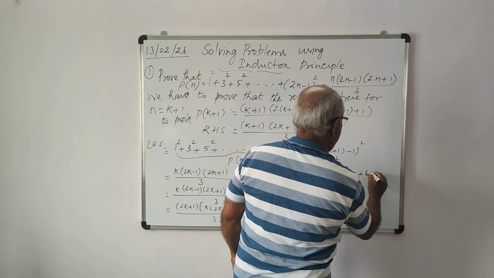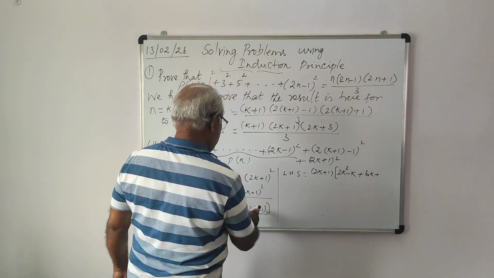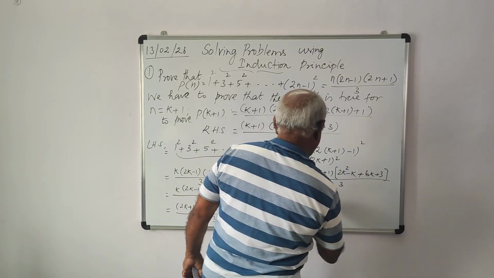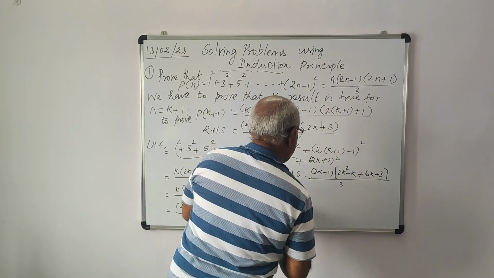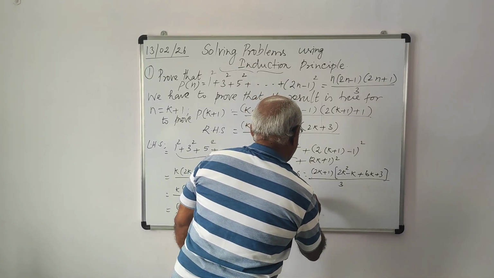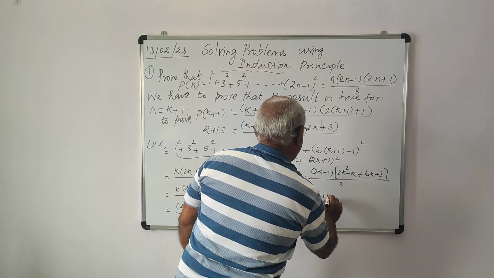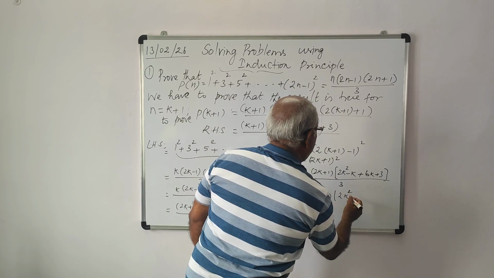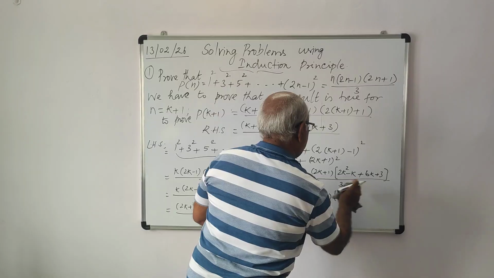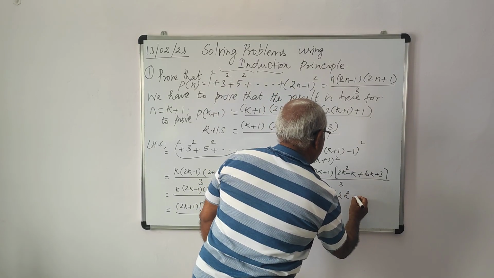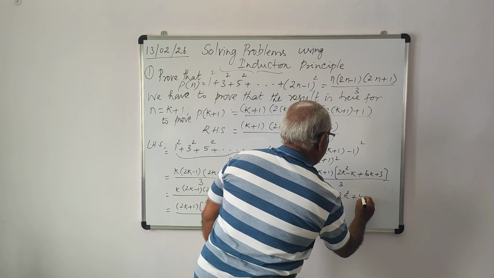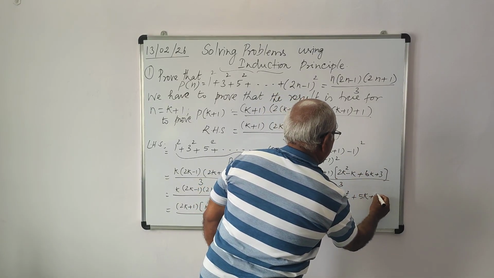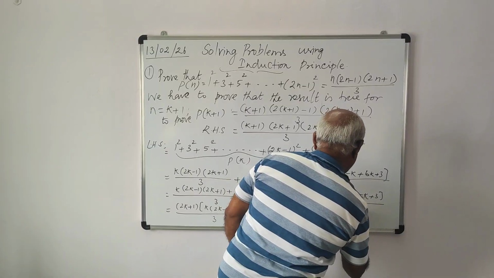By common denominator 3, again you will get 2k plus 1 into 2k square plus 6k minus k, you will get plus 5k, plus 6 minus 1k, you will get plus 5k plus 3, by 3. This is.